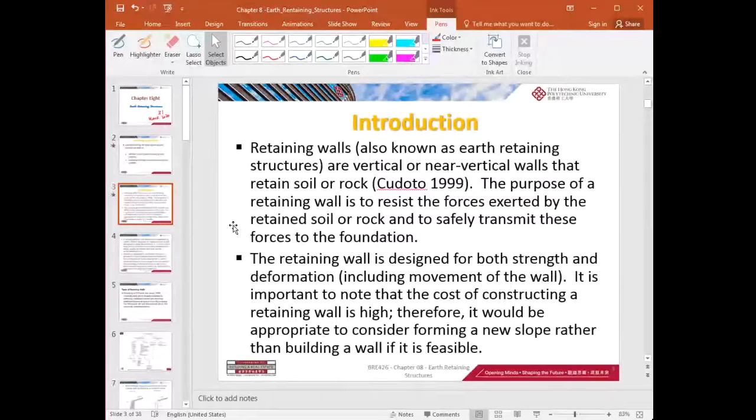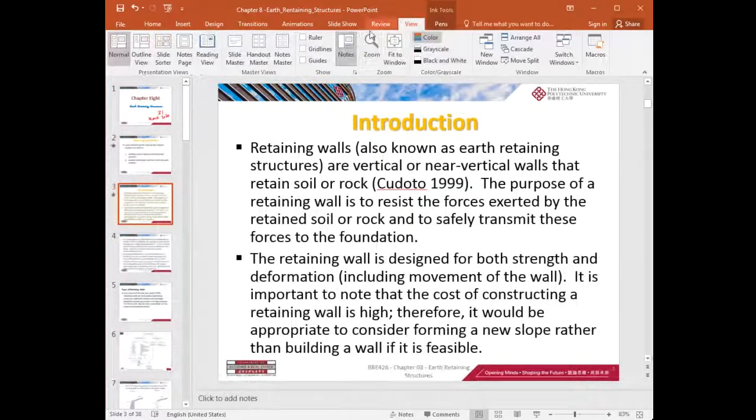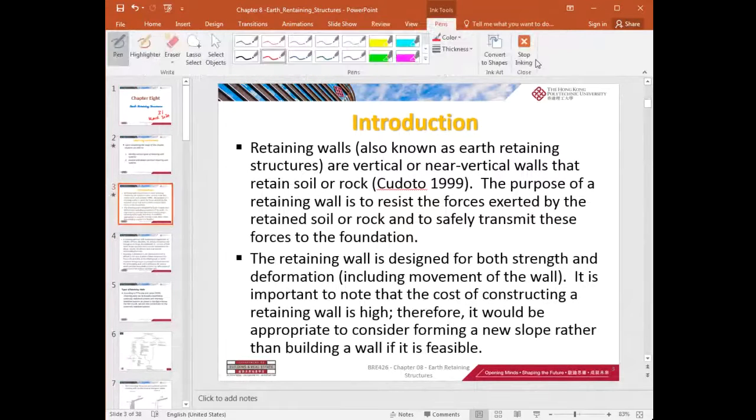So the retaining wall is intended to limit deformation, which is very important. We don't expect any excessive movement of the wall due to the displacement of soil behind the wall.